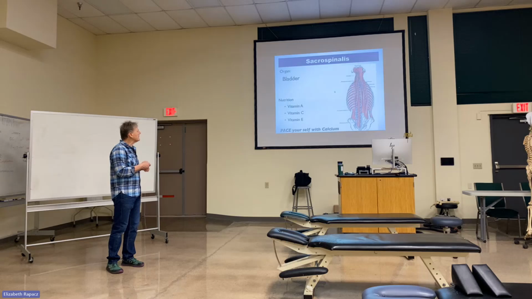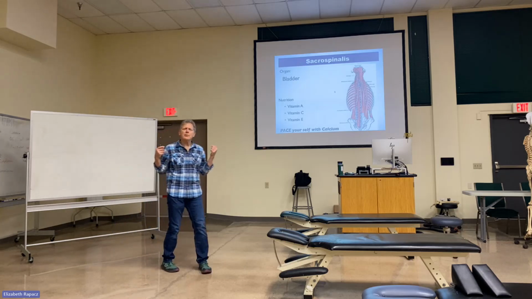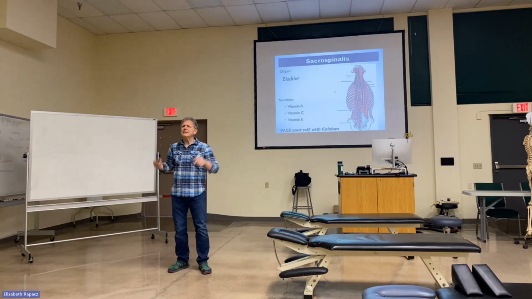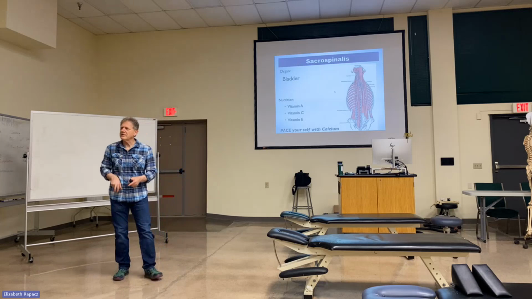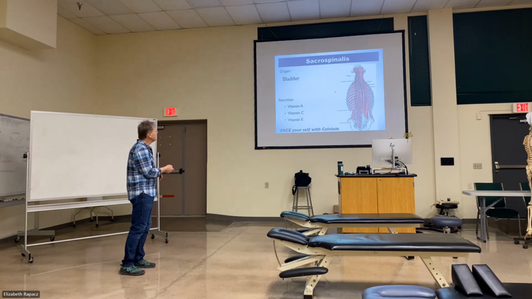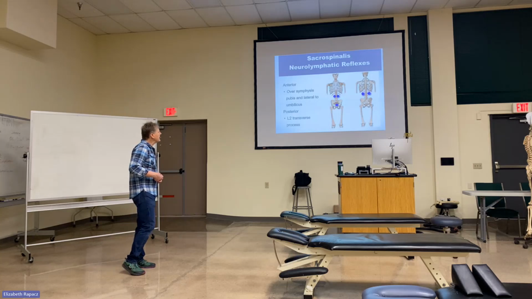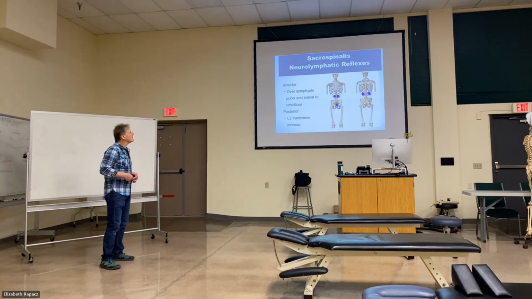So ACE, vitamin A, C, and E. It's on the bladder meridian. Of course, the bladder, really called the shu points, the associated points, the two rows of acupuncture points along the spine. Chapman reflexes are just straight out from the umbilicus.